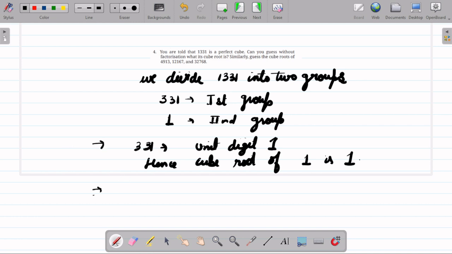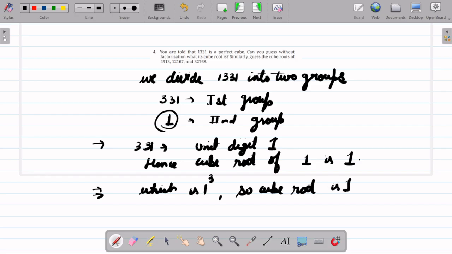Now for the second group, we have only 1 here, which is 1 cube. So the cube root will be 1. So 1331's cube root will be 11.